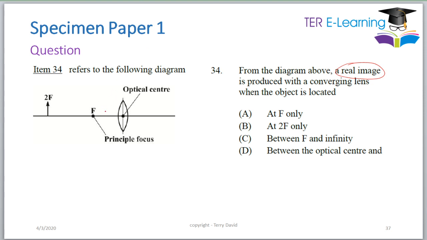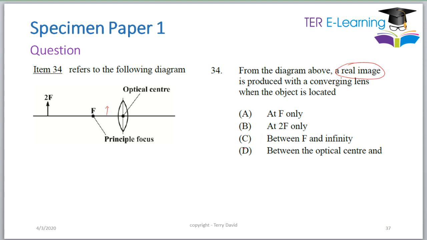If I put an object between the center of the lens and the focal point, let's say at this point here, what is going to happen is that I'm going to get an image that is erect, imaginary, and magnified. That's for if it's less than f.